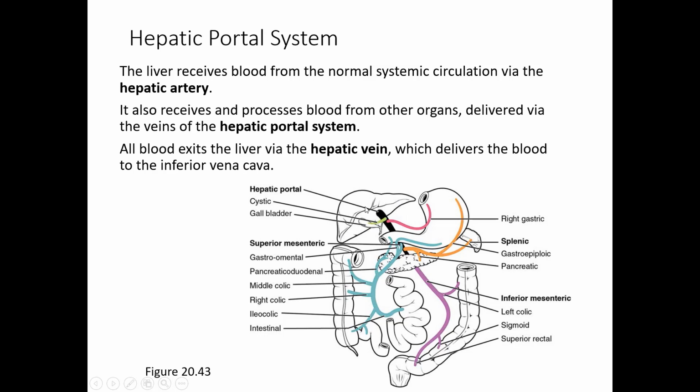Liver also receives blood from normal systemic circulation through hepatic artery and releases blood into the hepatic vein. But hepatic portal system collects nutrients absorbed in the digestive system, carries them to the liver, because liver will decide what to do with them next. Some of them will stay in the liver for processing, others will be released to the blood.